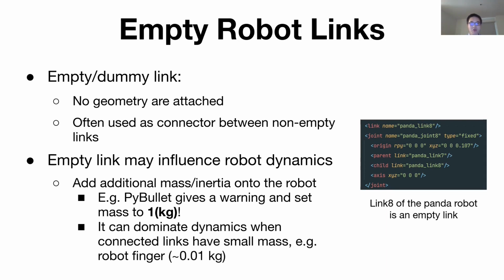So 1 kilogram would completely dominate the dynamic behavior of this robot finger. And that's definitely something we do not want in robot modeling. This kind of behavior is very common. For example, the official Franka Panda has a link 8 that does not have any geometry, and we need to look out for that.